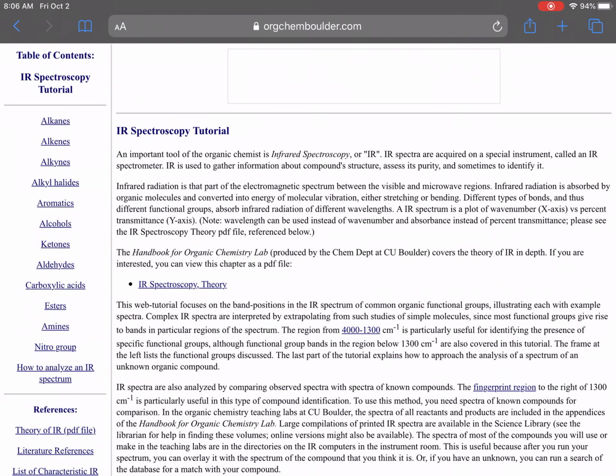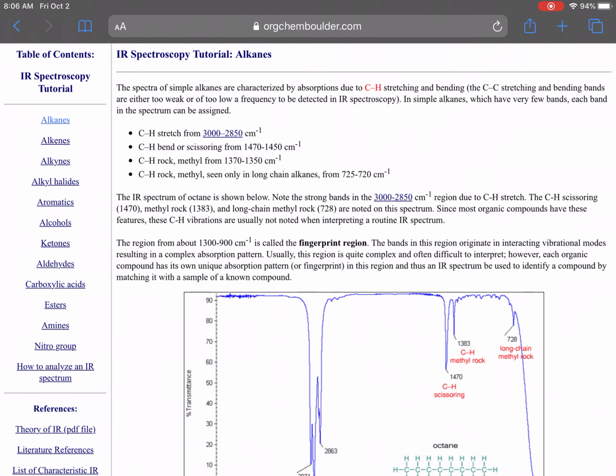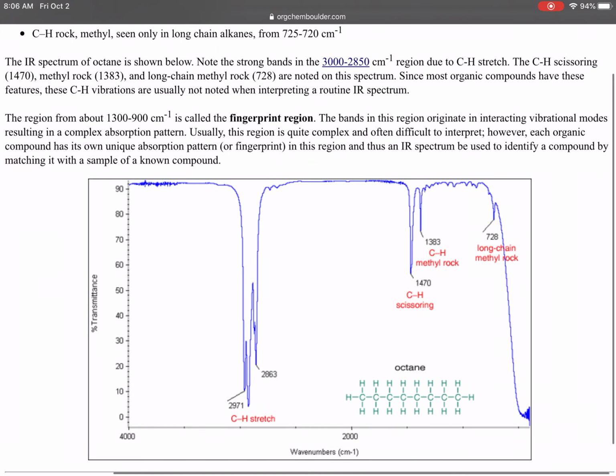We have a bunch of different functional groups over here on the left side. I'll just click on alkanes. And you can see here is a typical IR spectrum. We have percent transmittance on the y-axis, wave number on the x-axis. You see high transmittance until we get to low percent transmittance when we get absorptions.